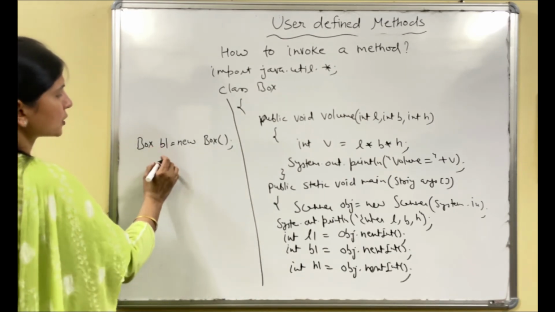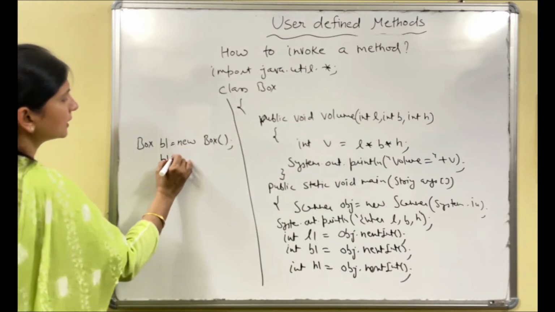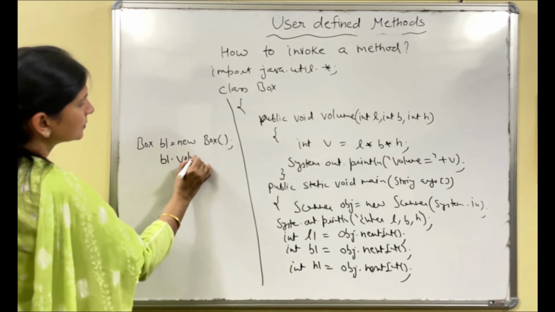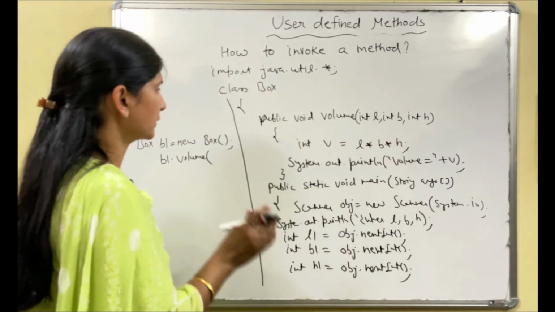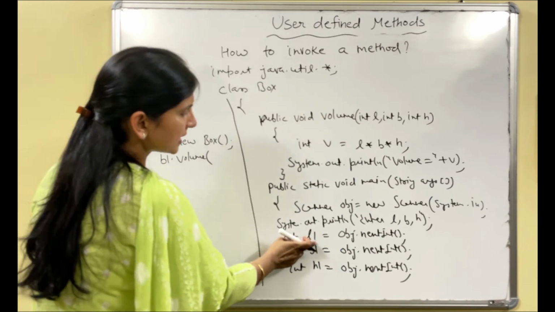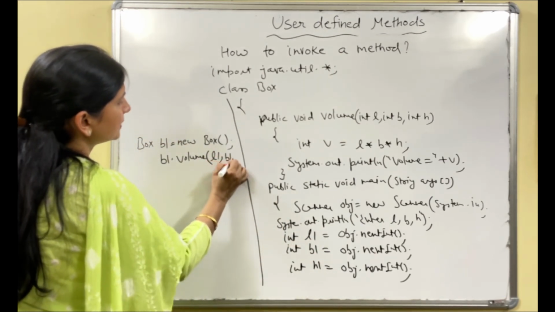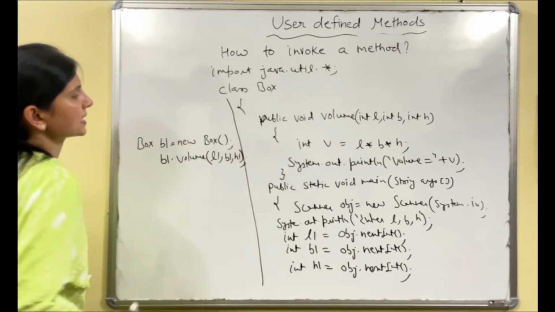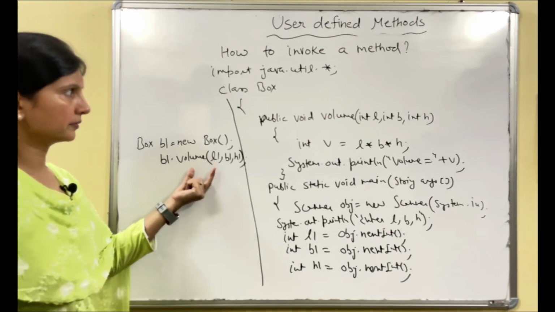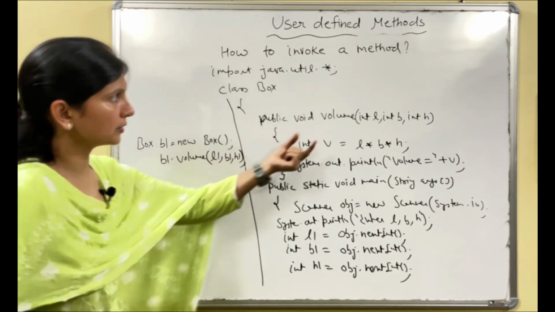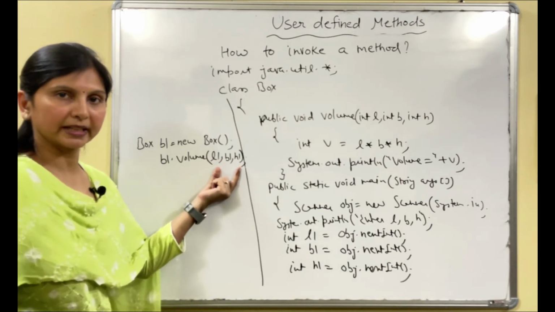Then with the help of this object name, we will invoke the method: B1.volume. As we have passed 3 parameters, we will pass 3 values. Which values? L1, B1, H1, and then semicolon. So this is the function call. We are invoking the function volume from the main method, and here we are passing the parameters.